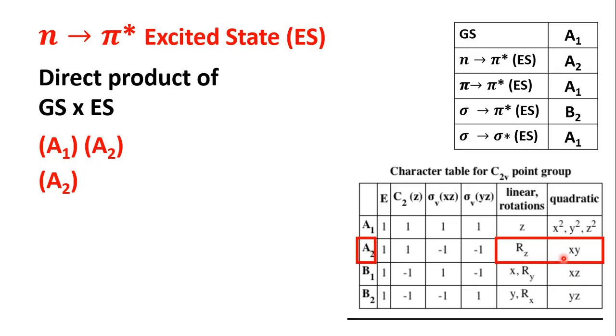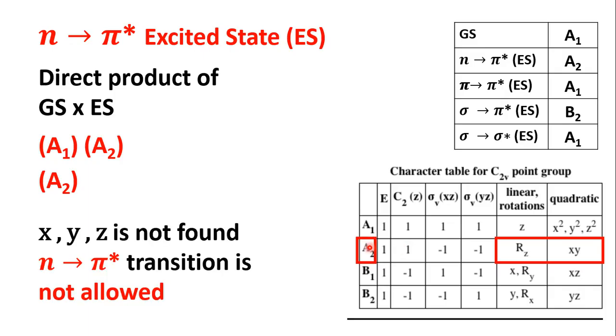Do you find x, y or z Cartesian terms? Don't look at xy. xy is a quadratic term, because x power 1 and y power 1, the sum of the powers is 2. You have to look at x power 1, y power 1 and z power 1. You don't find any of these against A2, and since they are not present, the n to pi star transition is not allowed.